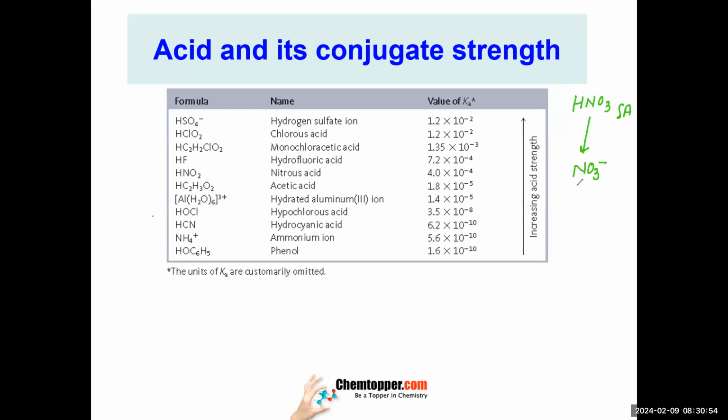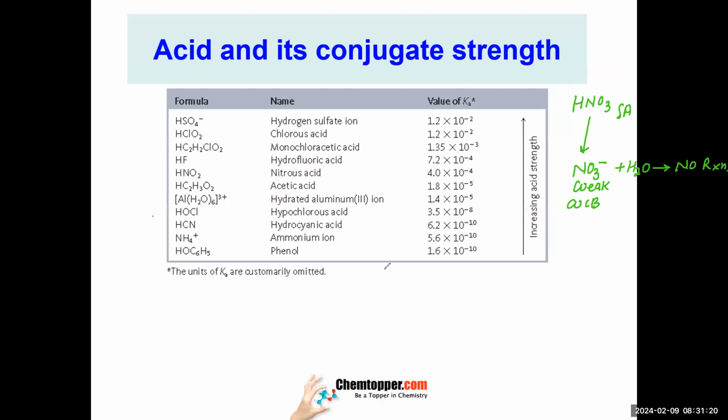It is weak. If it is weak, is it going to react with water? This is a weak conjugate base. Is it going to behave like a base in water? No. So with water, you will say no reaction, right? No hydrolysis. Clear, Afan?